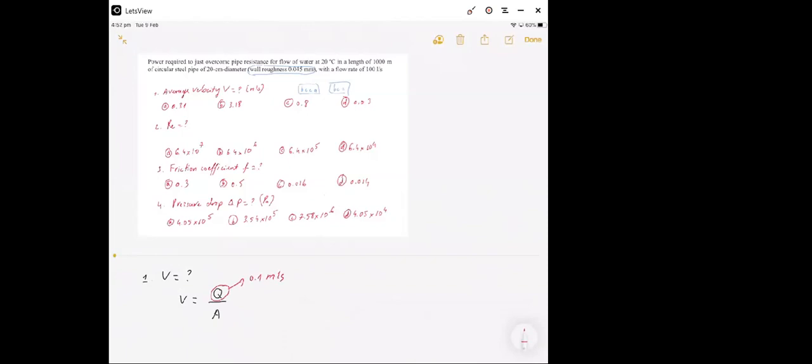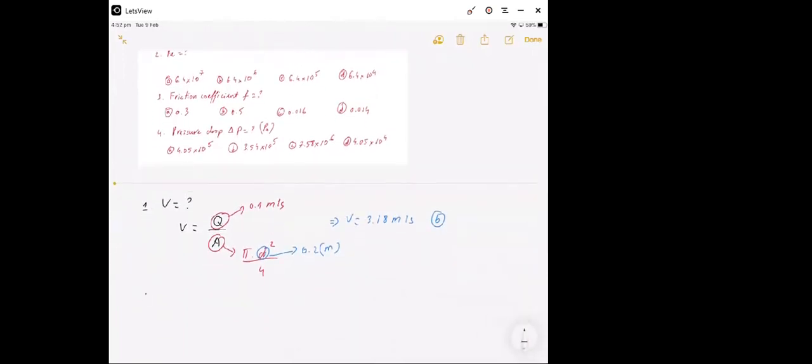And area is pi d square over 4, with d the diameter. 20 centimeter diameter means 0.2 meter. So from here you have velocity is 3.18 meters per second. Yep, the answer is correct, B.